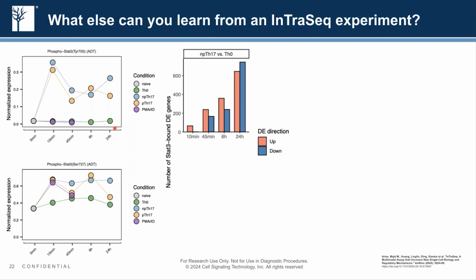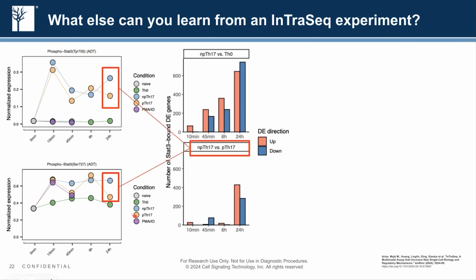Now, in this data set, we found that at the 24-hour time point, in both phosphorylation events for STAT3, whether it's serine 727 or tyrosine 705, you see a downregulation of that signaling in pathogenic compared to non-pathogenic Th17 cells. We wanted to see whether that difference is actually real.